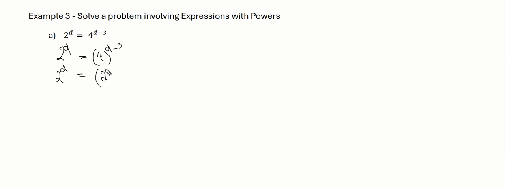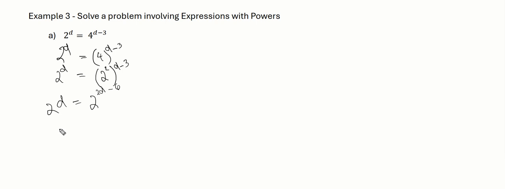So you can write 2 to the power of 2, that gives me 4. And you can write down here D minus 3. And then we can start distributing the 2 to this exponent. So 2D equals 2 to the power of 2D, and then minus 6, because 2 times negative 3 is minus 6.